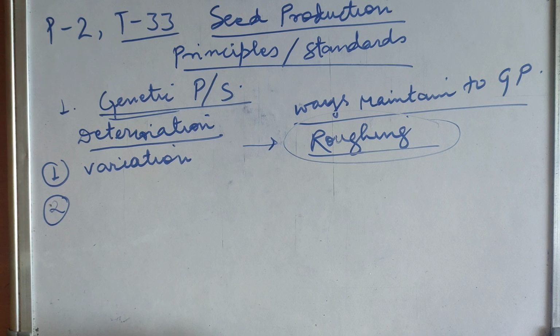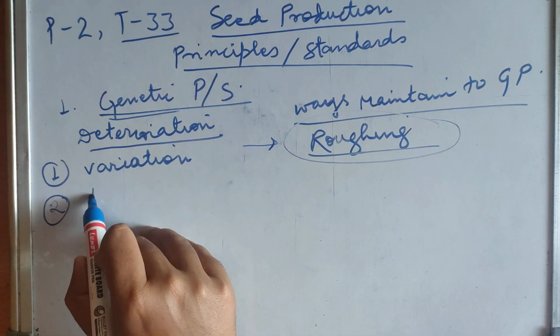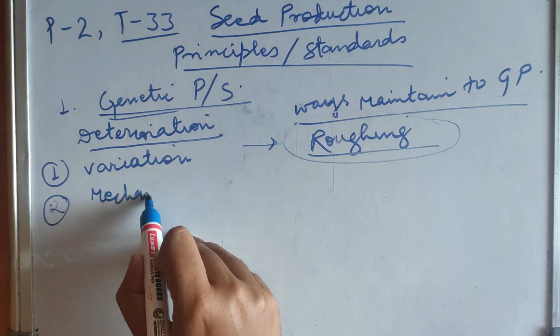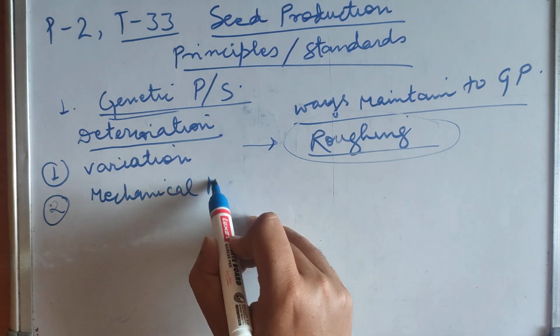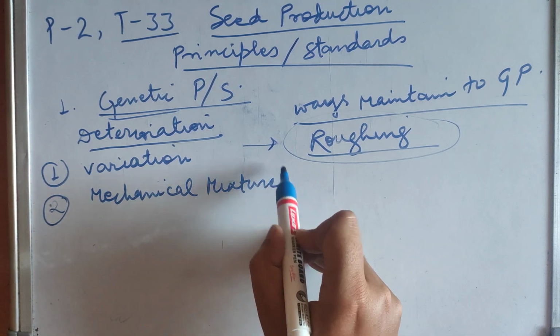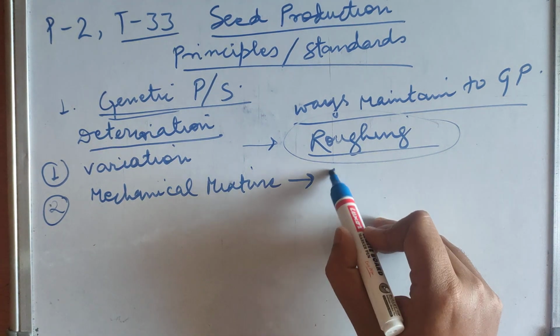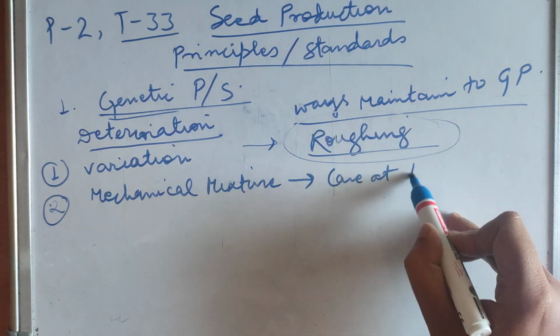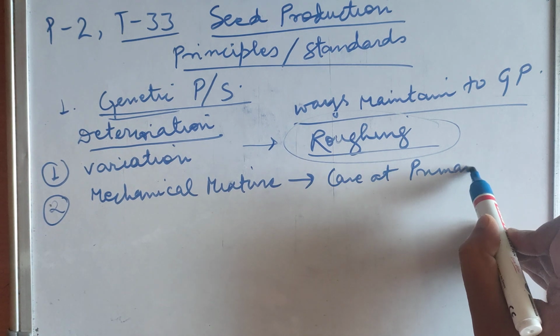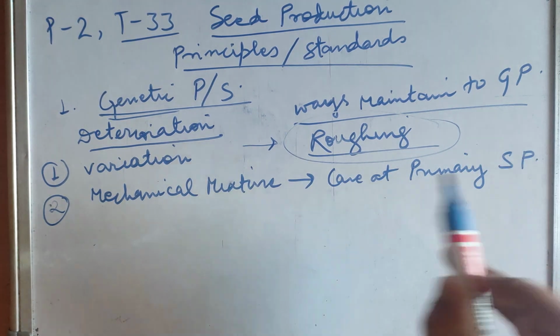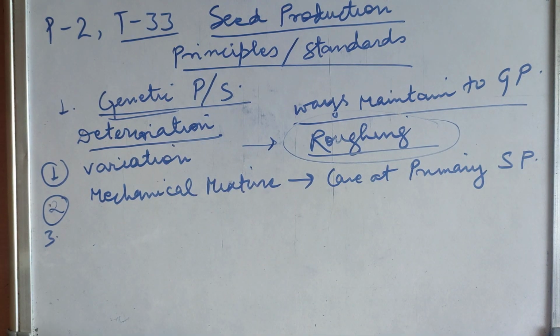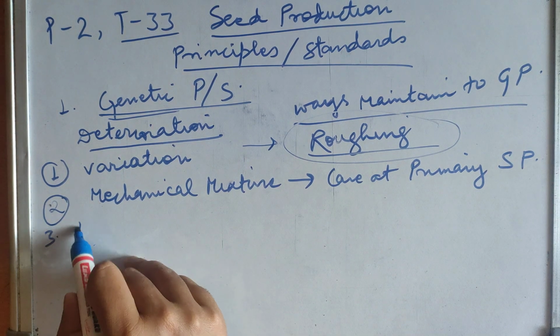Second is mechanical mixture. Here we need to take care at the primary stage of seed production. Third, natural crossing.